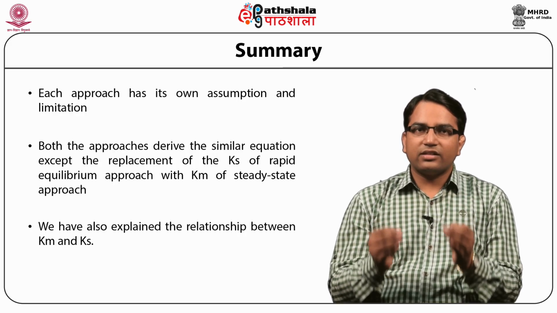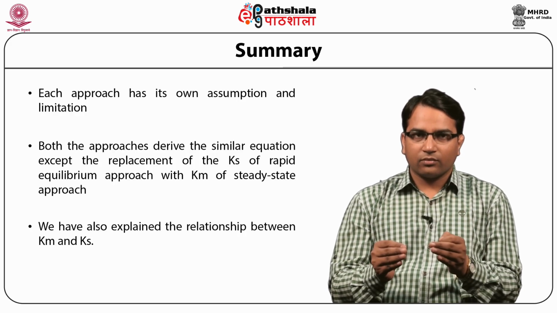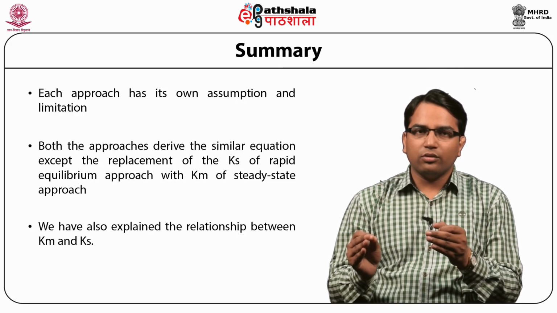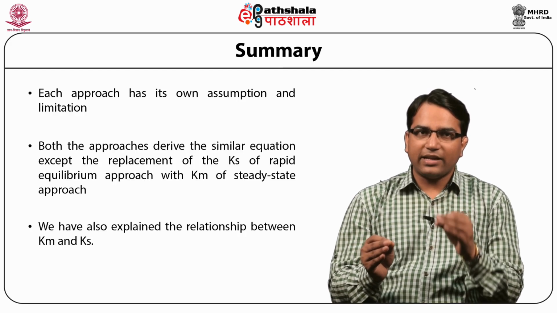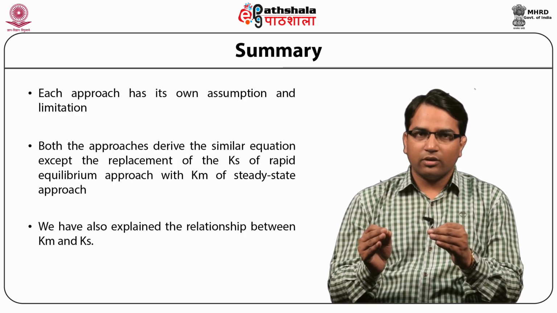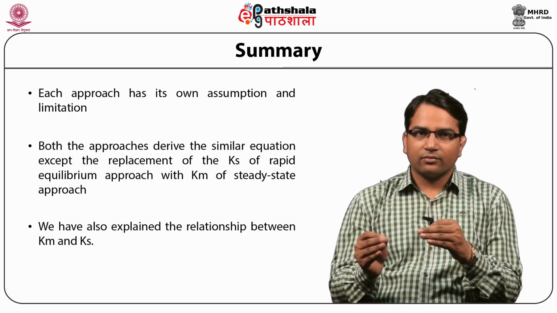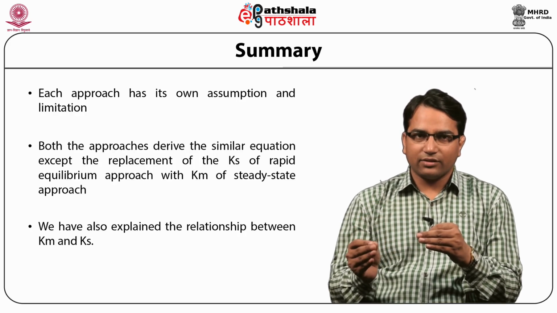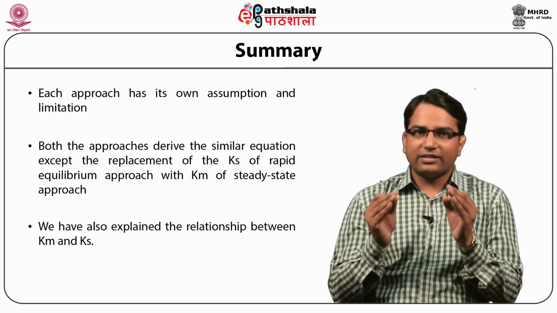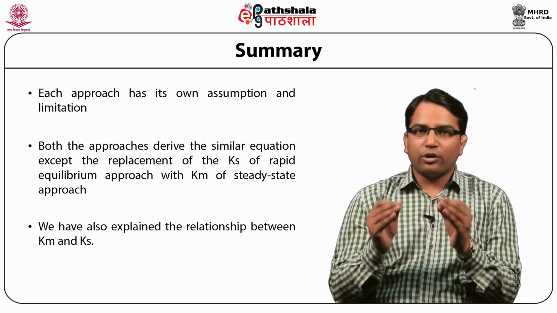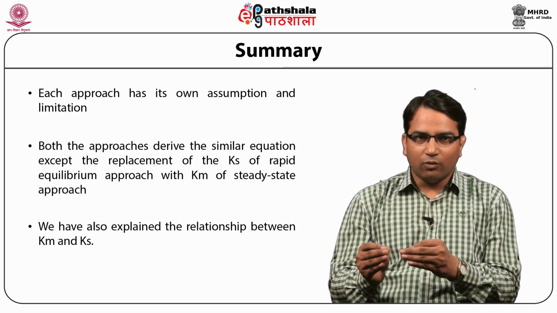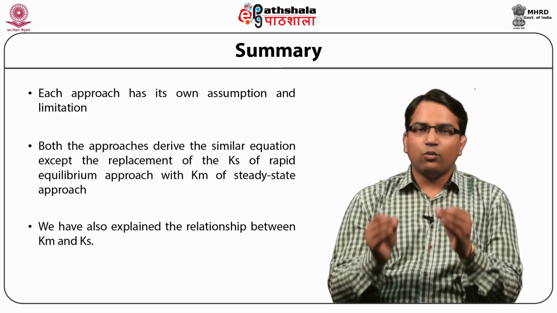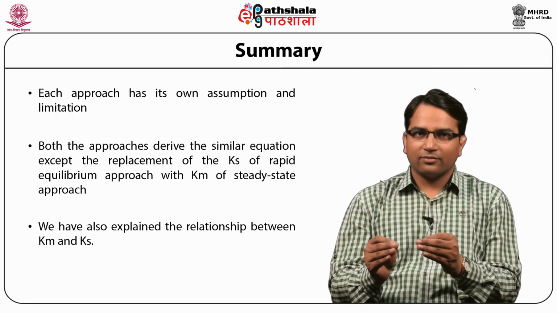While in the steady state assumption, we assume that K plus 2 is higher than K minus 1. Therefore, product formation takes place and is very fast. So in the steady state approach the product formation is fast, while in the rapid equilibrium approach we assume slow product formation.